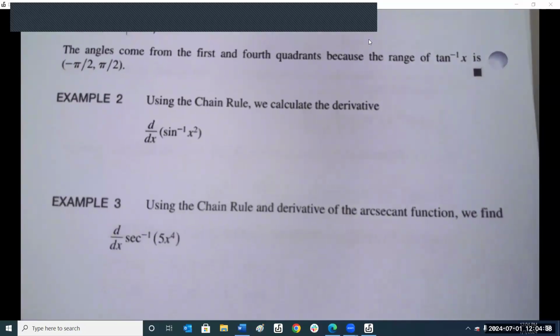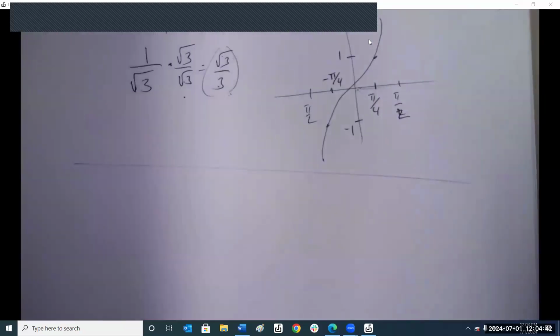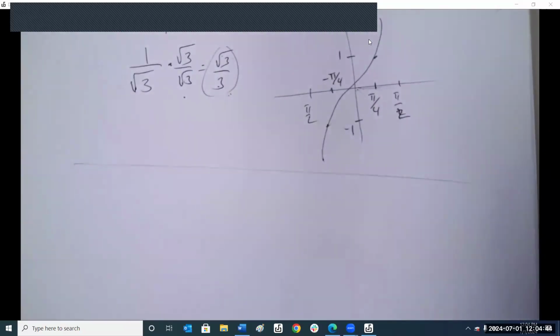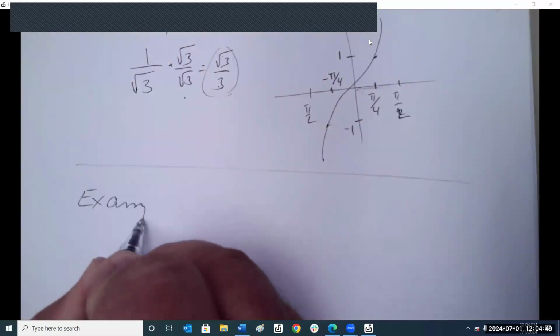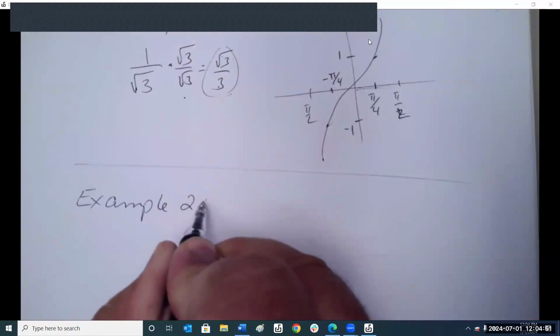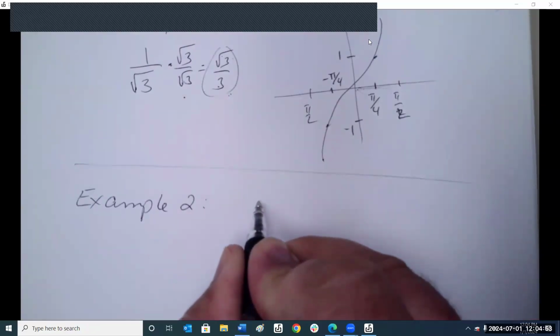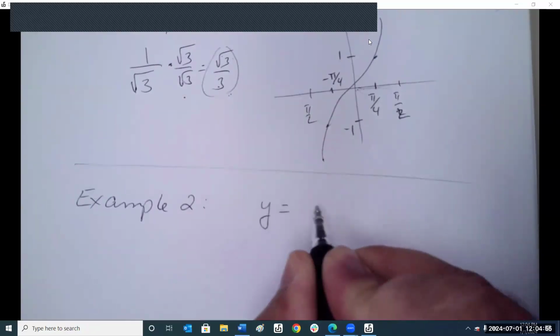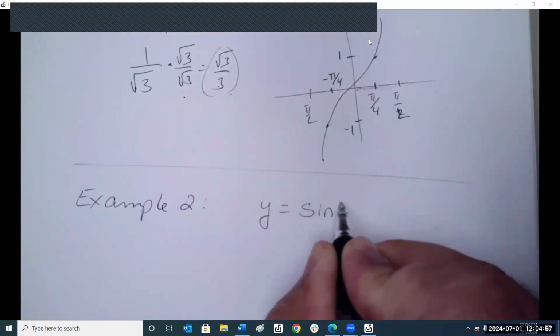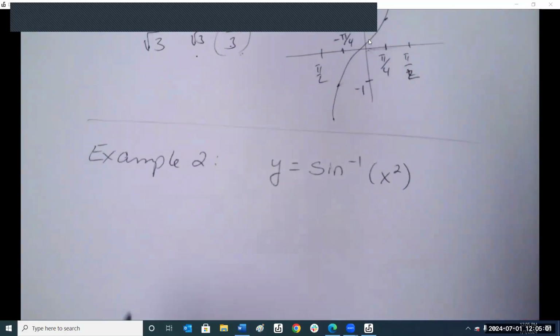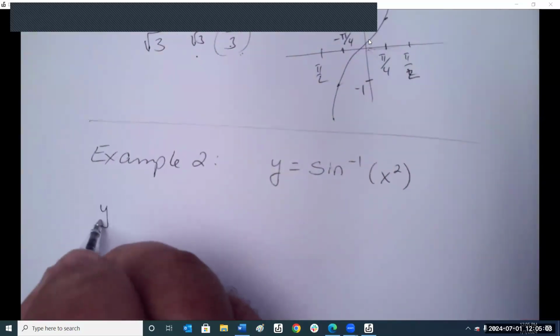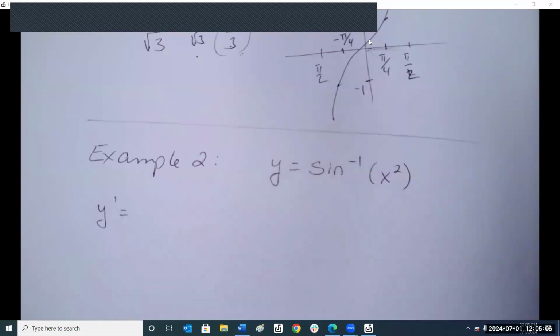Using the chain rule, calculate the derivative of the inverse sine of x squared. Find the derivative.